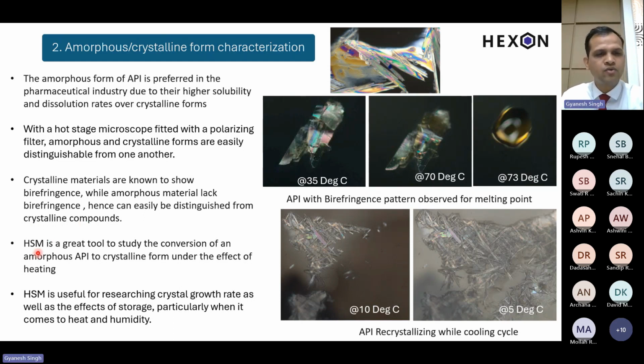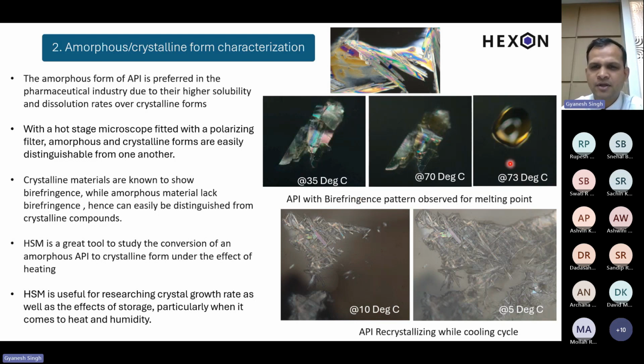So HSM is a great tool to study the conversion of an amorphous API to crystalline form under the effect of heating. HSM is useful for researching crystal growth rate as well as the effect of storage, particularly heat and humidity.